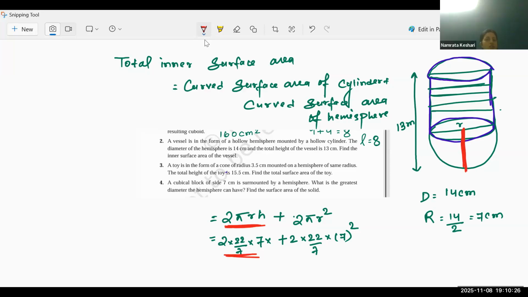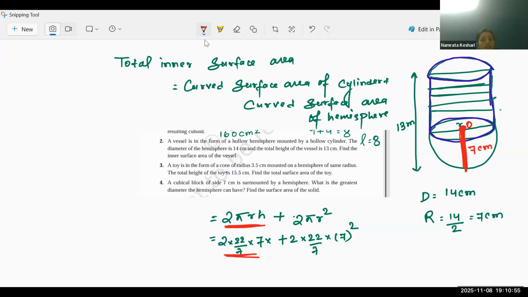Just now I was showing you a sphere. Sphere means there is a center point, and everywhere the distances are the same. That's called the radius. So this red one which I am highlighting is nothing but the radius of the hemisphere, because I am taking the length from the center. Making sense? Which is 7.